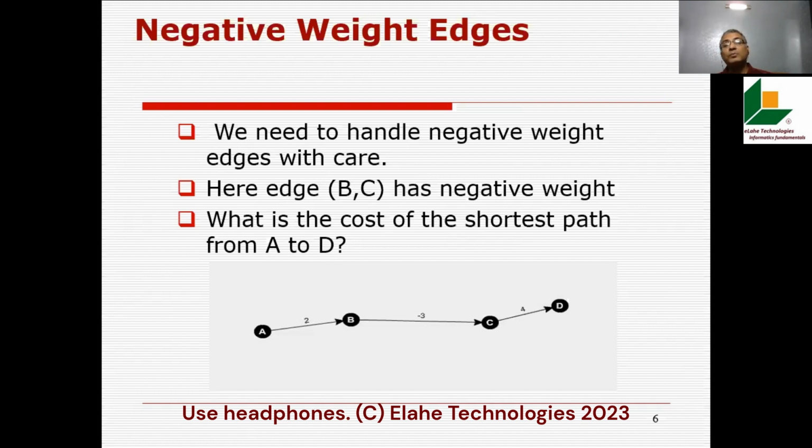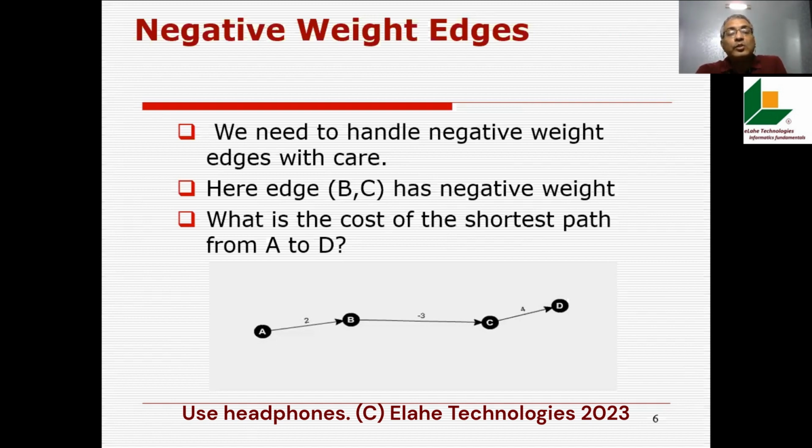We have some shortest path problems representing maybe some chemical reaction, where the edge weight could be the heat produced during that reaction, which could be positive or negative. So there are various physical phenomena being modeled as graphs and graph problems like shortest paths, where negative weights may arise in practice. So we need to handle negative weights with care.